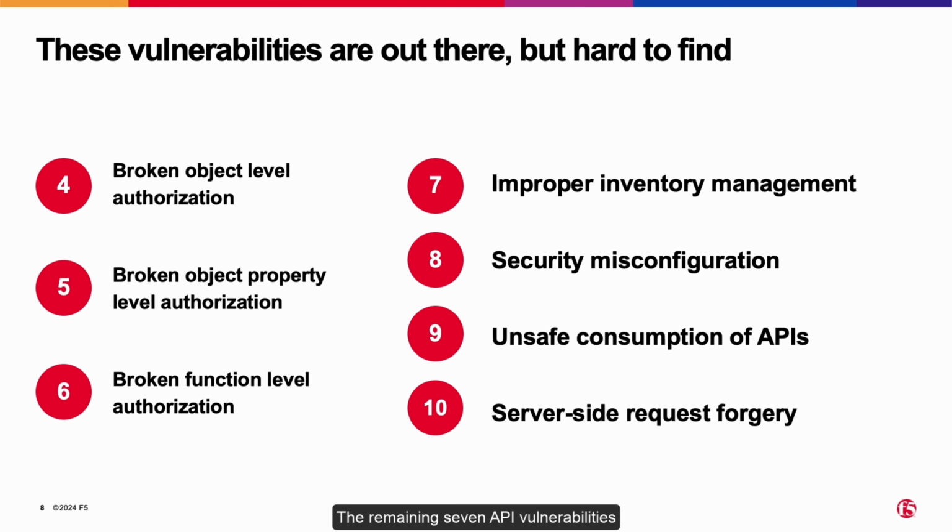The remaining 7 API vulnerabilities are all based on mistakes in implementation or configuration. Broken object level authorization is when an API mistakenly gives a user access to an object that they should not have access to, such as somebody else's medical record. Broken object property level authorization is when an API mistakenly gives a user access to too many properties of an object, such as exposing another user's credit card number rather than just their name.